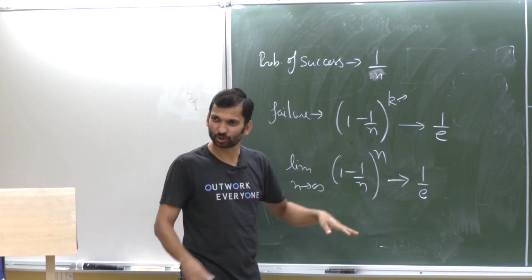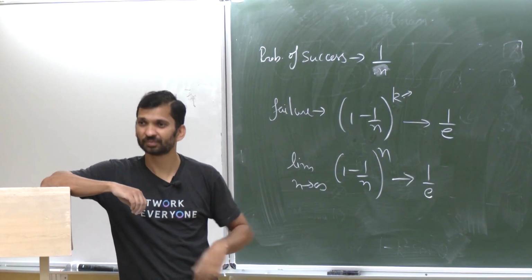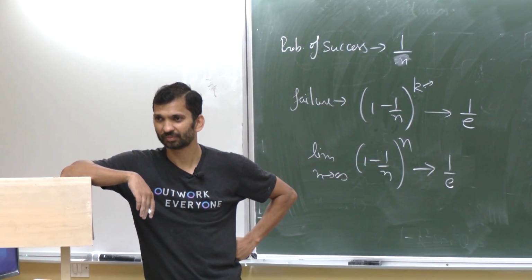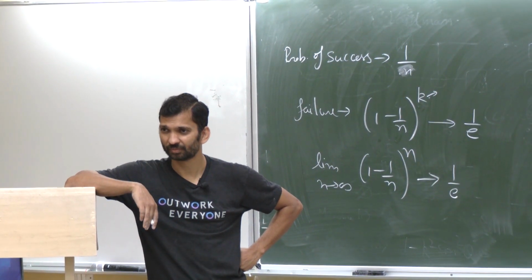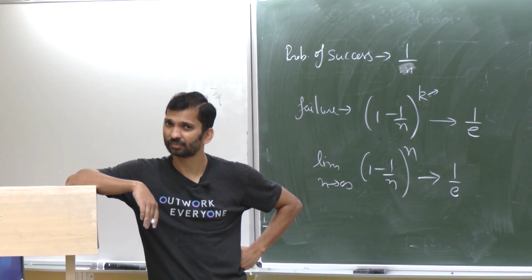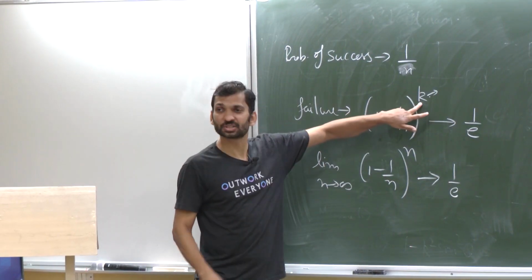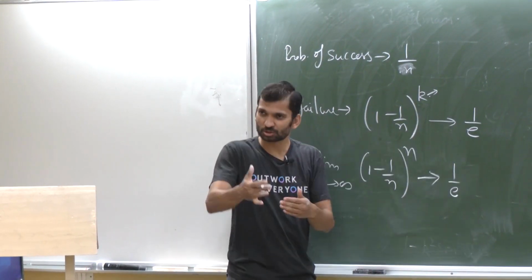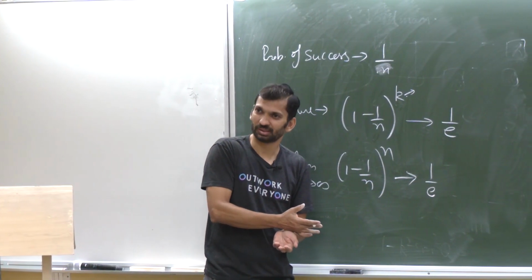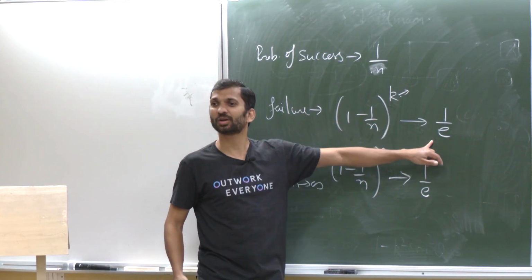You can do these calculations on your own. As we increase the iterations, my failure probability will stop dropping from 1 and get closer and closer to 1 by e. What this is saying is that if k is around n, it is already 1 by e.